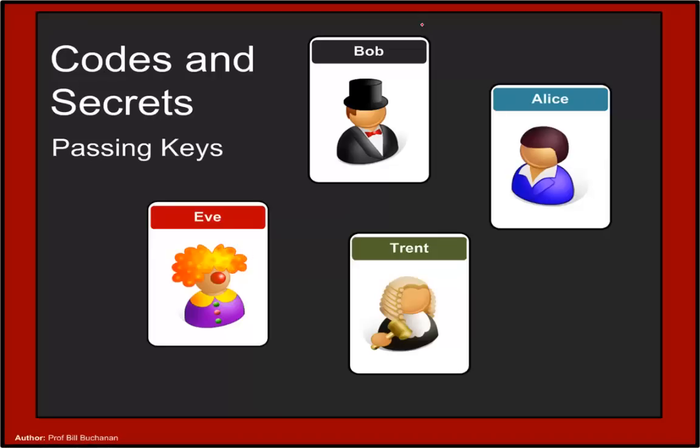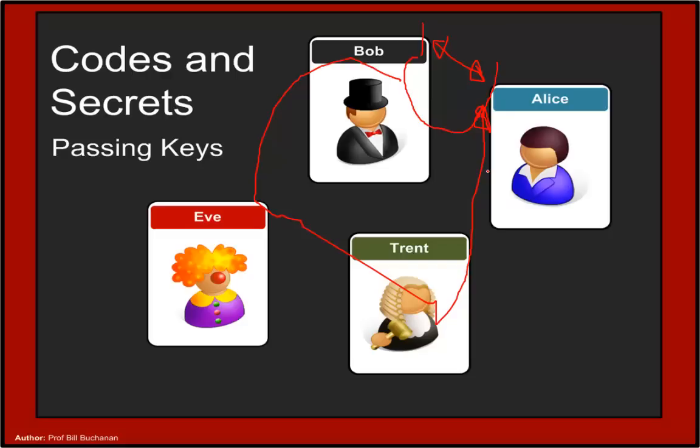Okay, so we've seen how Bob and Alice can use the same secret key to pass encrypted content. So we can use AES, Blowfish, Twofish, DES, 3DES, and so on. But the problem that we have is how does Bob pass the key to Alice? And how does he make sure that Eve doesn't know what the key is and isn't listening to the communication?